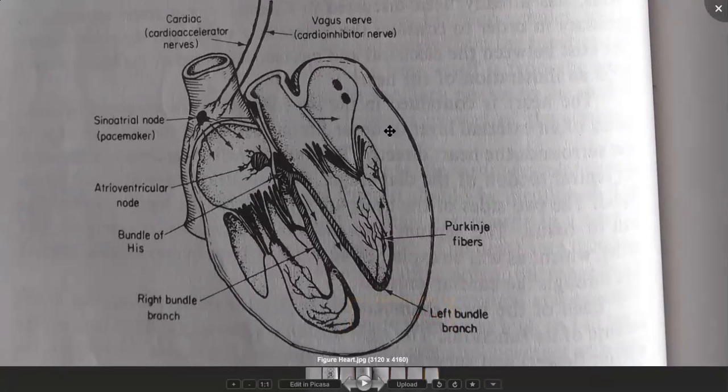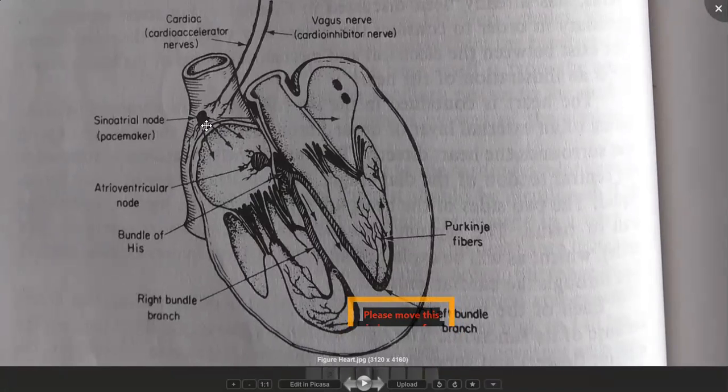See here, this figure shows the electrical conduction system. Here we have the sinoatrial node, in this black color. I think it is visible.